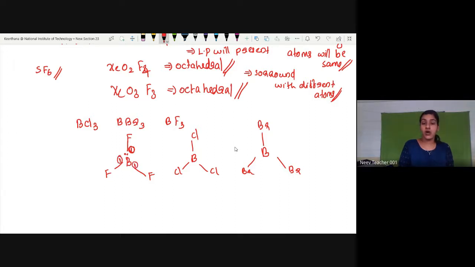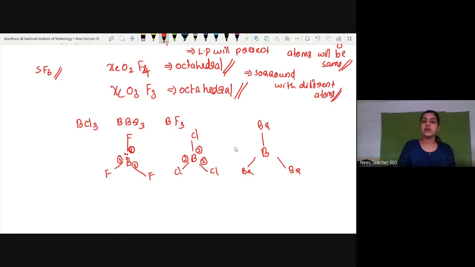Chlorine is not as electronegative as fluorine, so its ability to attract electrons is less, and it has an electron cloud of 2. It is an imaginary case.